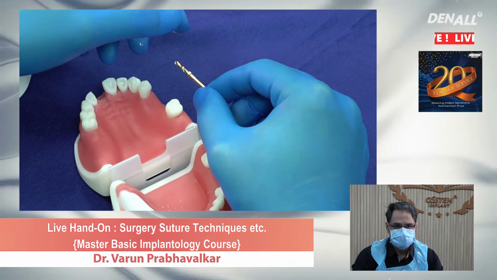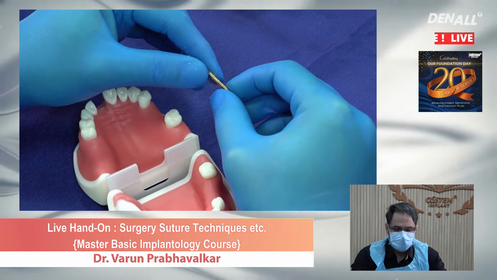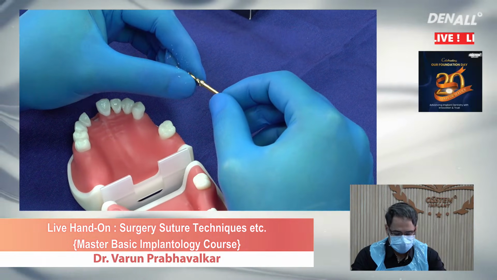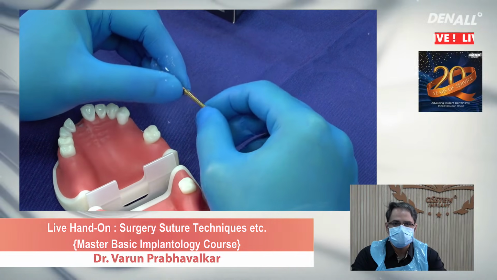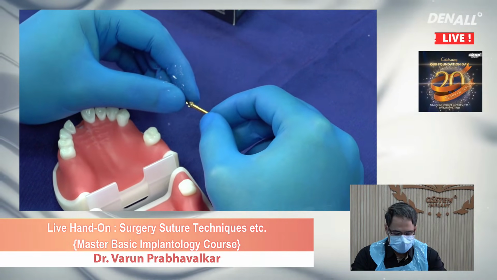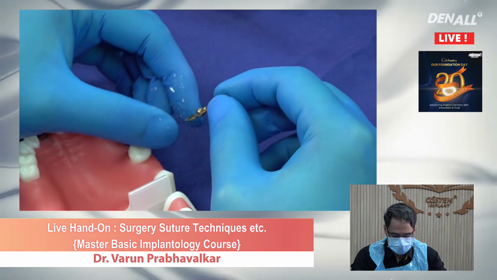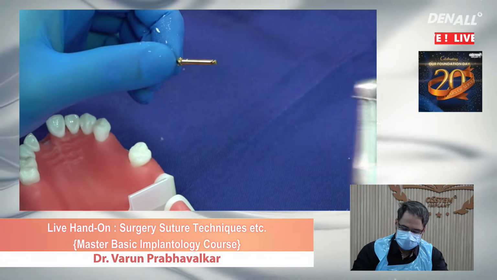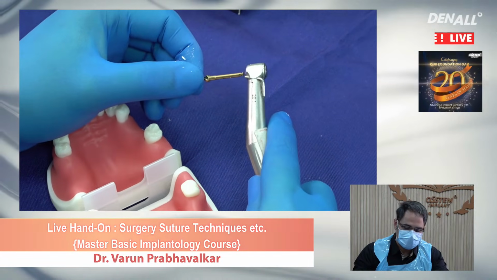Okay, this is an excellent drill, and we are at the most important point in osteotomy. This particular drill determines your angulation in osteotomy. Okay, that has to be, again, as I mentioned, prosthetically driven. And when we place this drill inside the bone, we verify it with the paralleling pin.